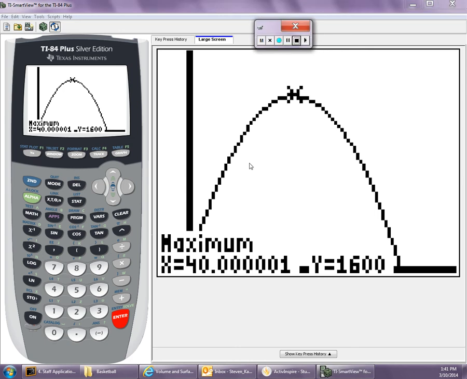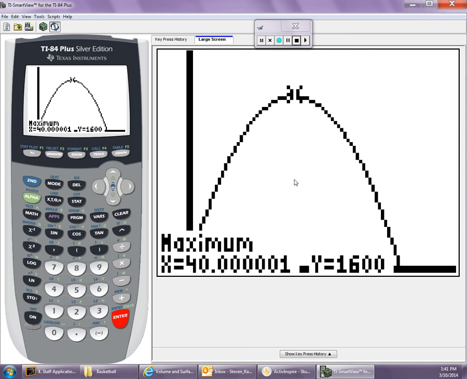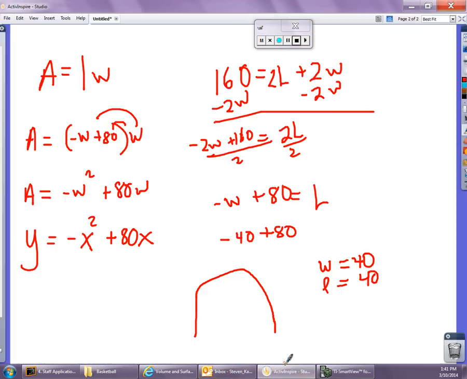Oh, you know what I did not talk about is the domain. So remember that if this point right here is at an X of 40, that means that it's going to come down over here at 80. So your domain is always going to be between 0 and 80, because you can't actually have a coordinate of 80 or 0.